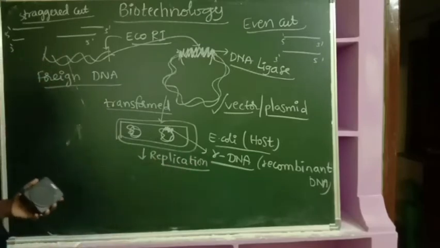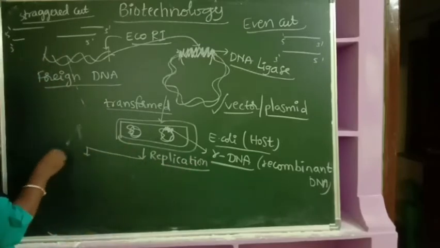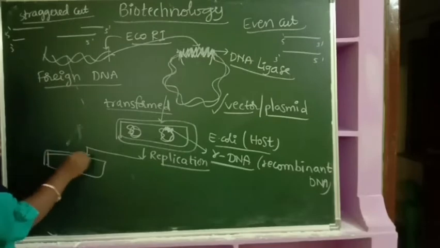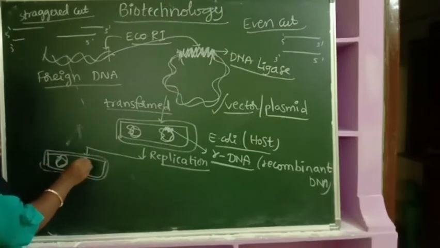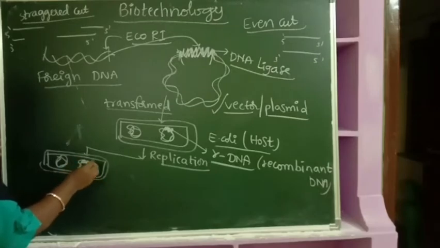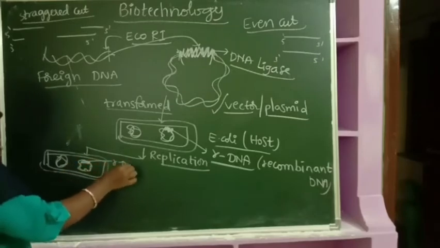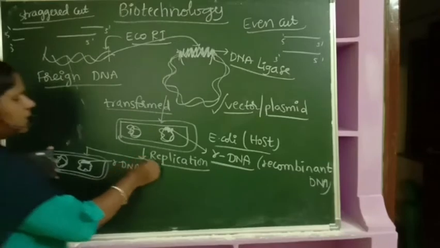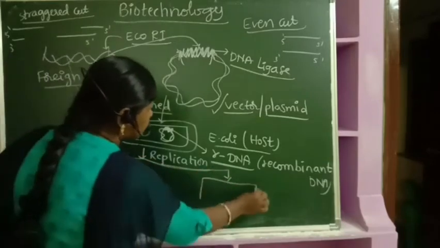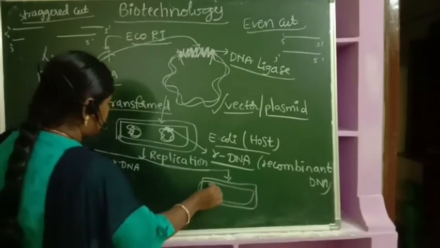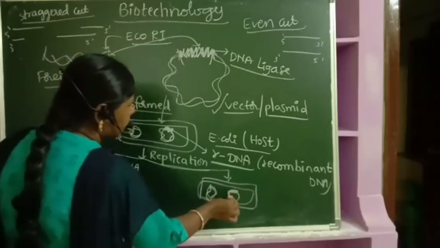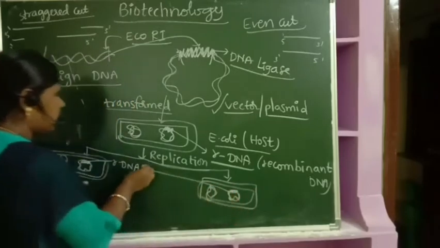As a result of this, it produces daughter cells. Now in each daughter cell you can see the replicated DNA. This is nothing but replicated DNA, that's recombinant DNA. It will get transferred into the daughter cells. So this is the E. coli cell, this is another daughter cell. Even in this daughter cell you find recombinant DNA.